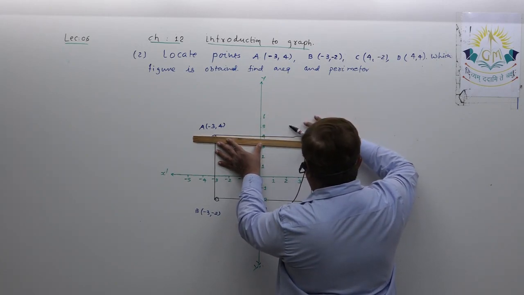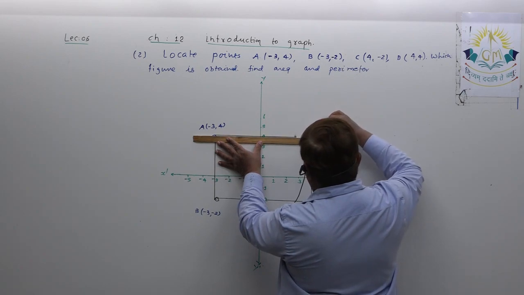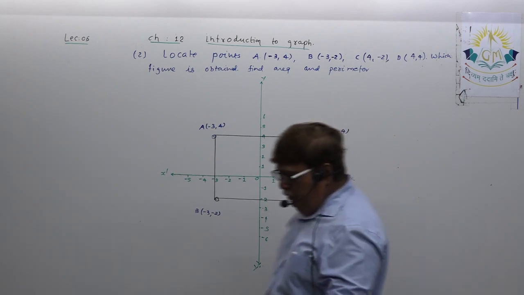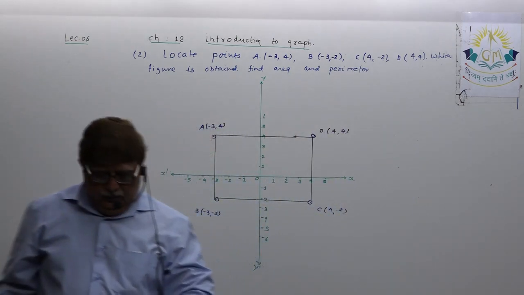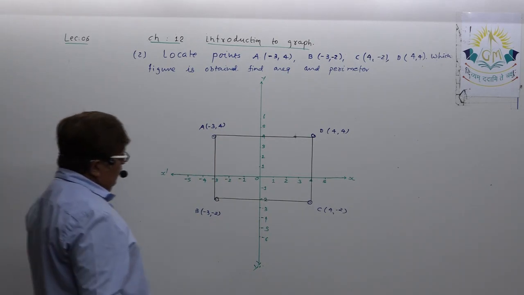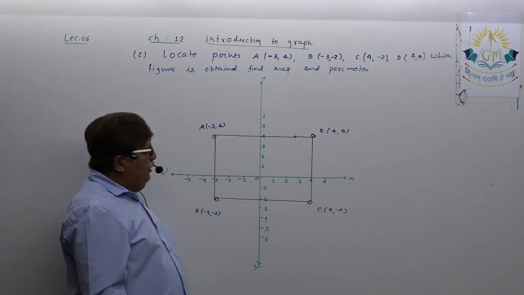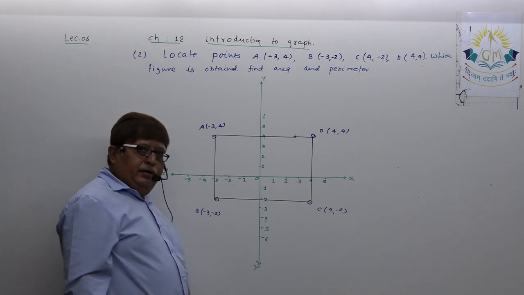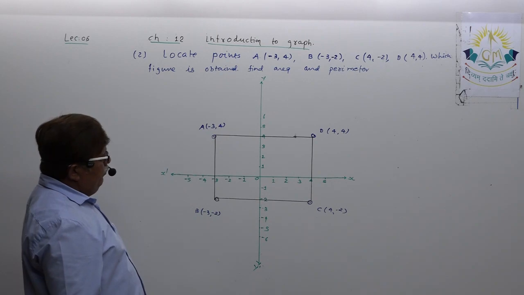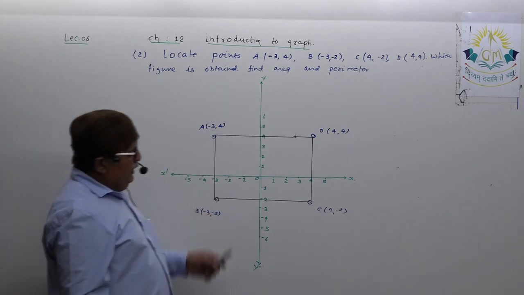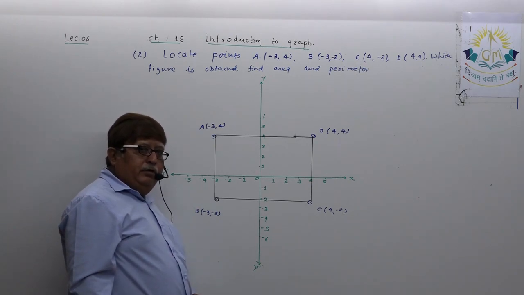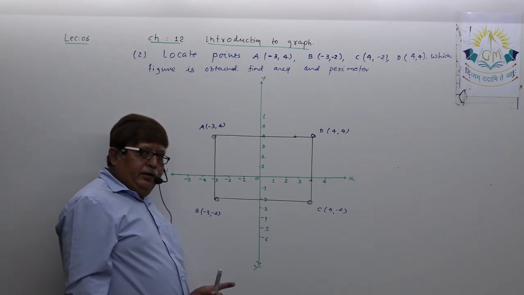All 4 points were joined in order, right? And you see, dear student, which type of diagram it looks like. It looks like definitely a rectangle. Okay, so first guessing is over, that the diagram which we have drawn here is actually a rectangle.